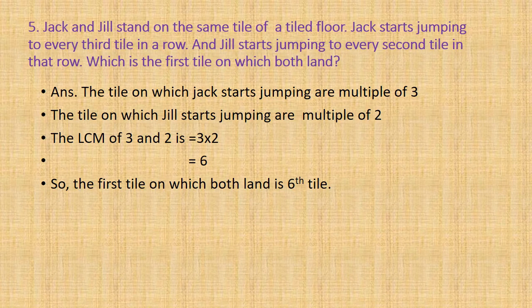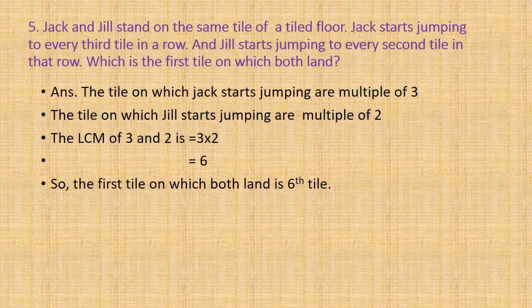Now question number 5 is: Jack and Jill stand on the same tile of a tiled floor. Jack starts jumping to every third tile in a row and Jill starts jumping to every second tile in that row. Which is the first tile on which both land? So students, here Jack is jumping on every third tile, means the tile on which he will jump will be a multiple of 3.